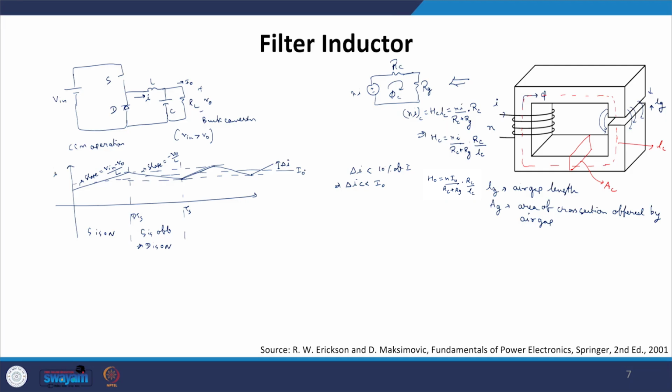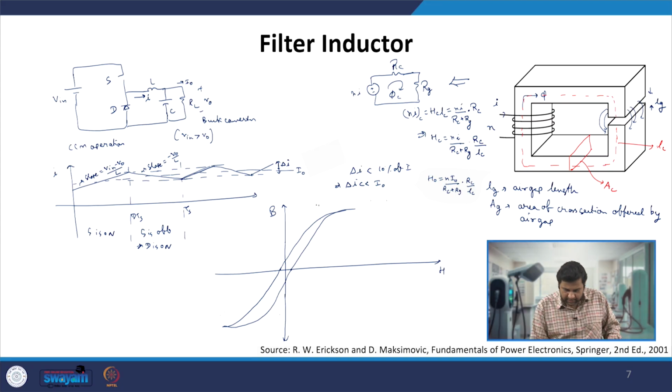So now we can plot our BH curve, which is like this, and let us take this point, my Hc or H naught, which is N I naught Rc by Lc times the reluctance of the core plus reluctance of the air gap, and then over that we have the ripple in I naught, which goes like this.